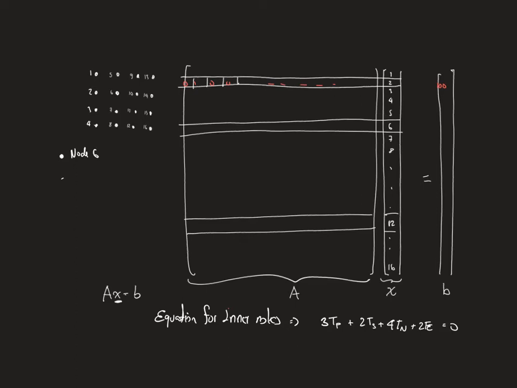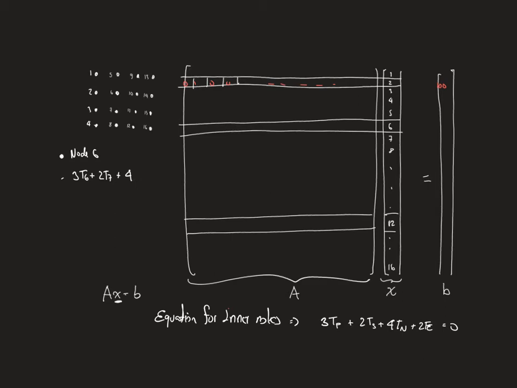Node 6, what is T and what is TP? We are standing at 6, therefore TP is T6. Then plus 2 T south, and we see here the south of 6 is 7, so plus 2 T7, plus 4 T north.